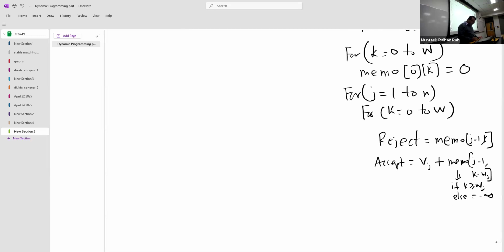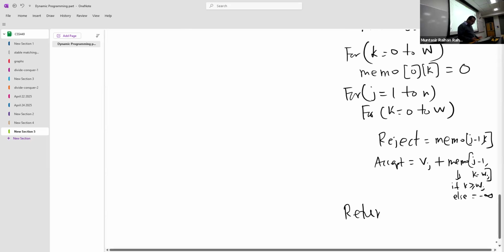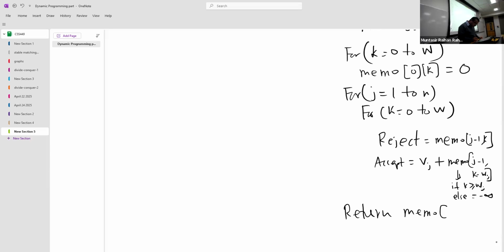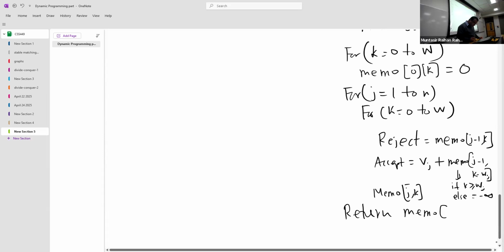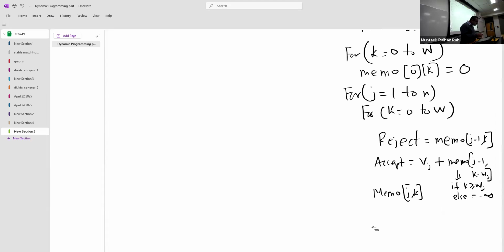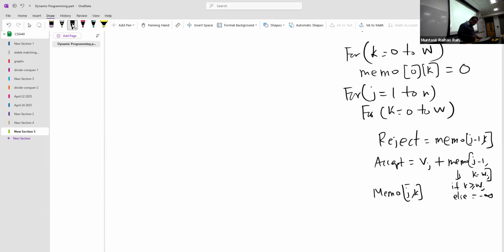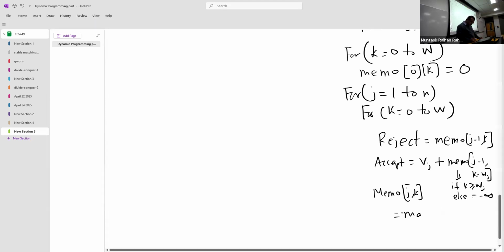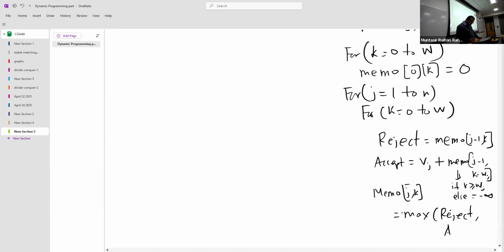And then finally at the end you just return. What do you return? Oh, sorry, first I have to do memo jk is equal to the max of the two values, the rejected value and the accepted value.